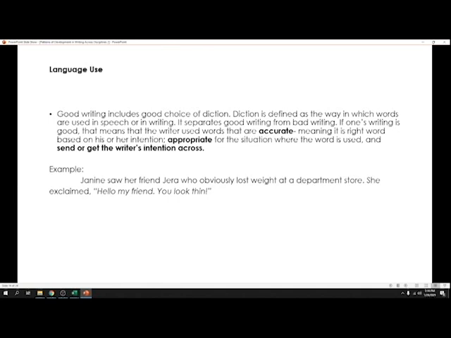Kasi, ang diction, or ang choice of words mo as a reader, as a writer, or as a speaker, is iba. Kailangan mo identify yung tamang word sa gusto mong iparating. Kung gusto mo iparating na pumapayat siya, sabihin mo yung maayos, hindi yung parang lumolosyang ka. Iba na kasing term na yon.